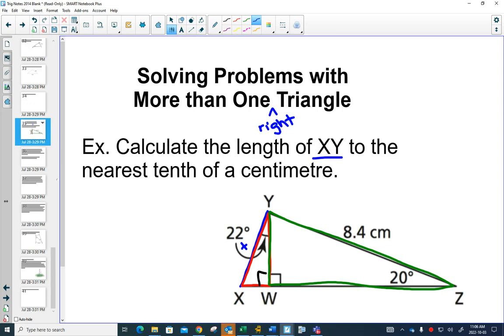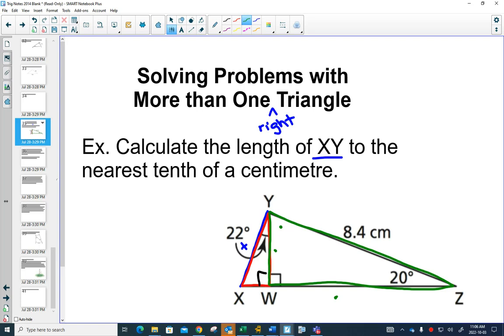So if I look at what I can solve for, and I'm just going to put dots, can you see on the green triangle, you could easily find this angle, because they add up to 180. You could find this side, because you could use adjacent over hypotenuse, and you could find this side, because you could use opposite over hypotenuse. Which one should we find?